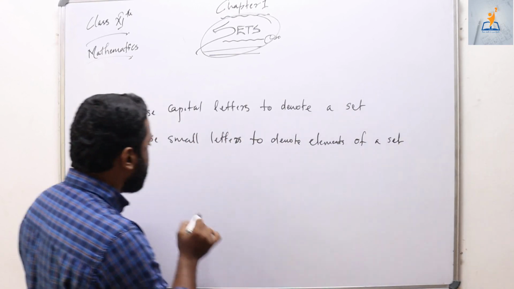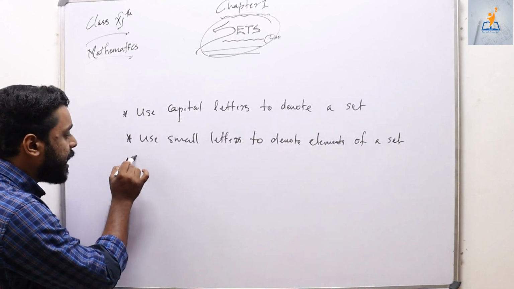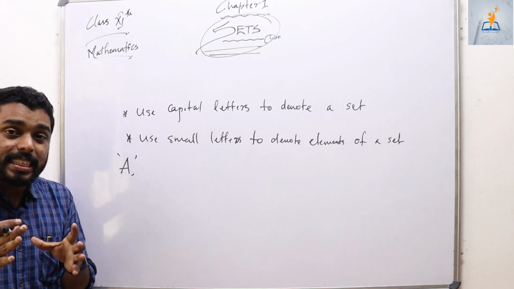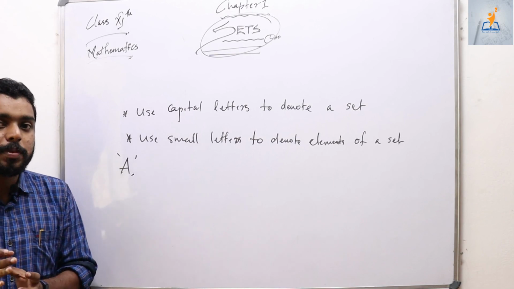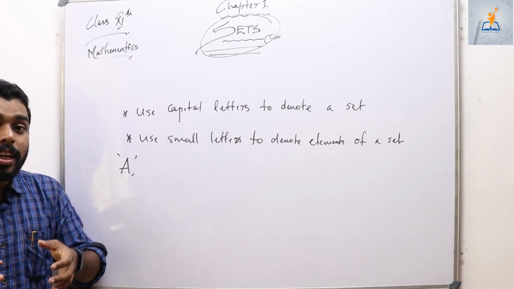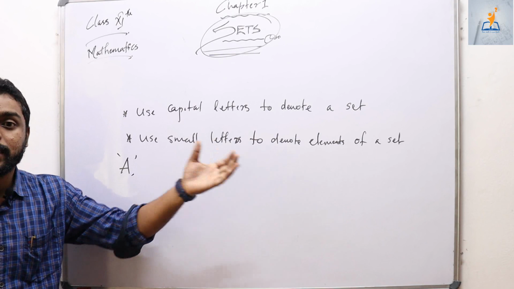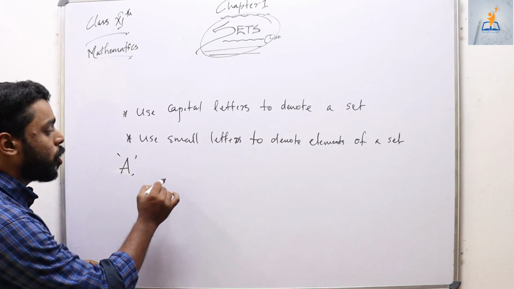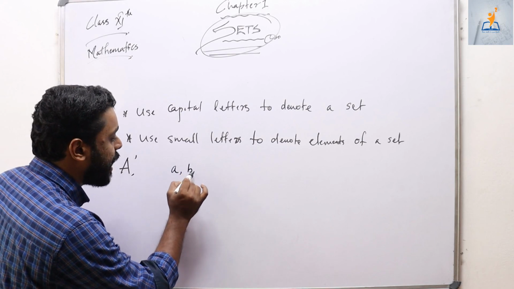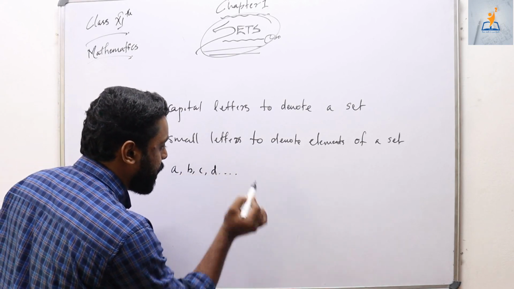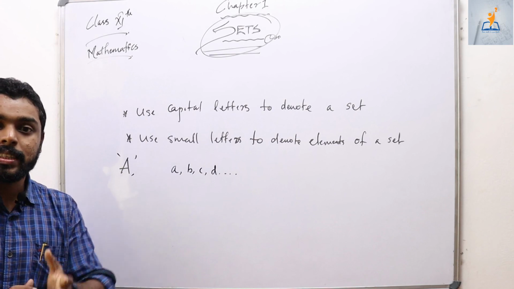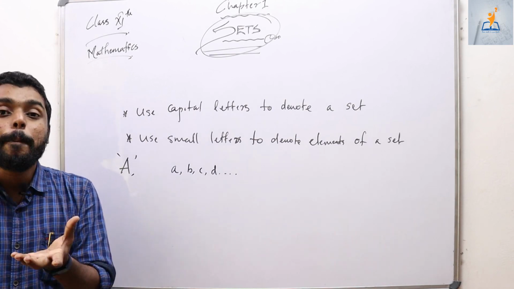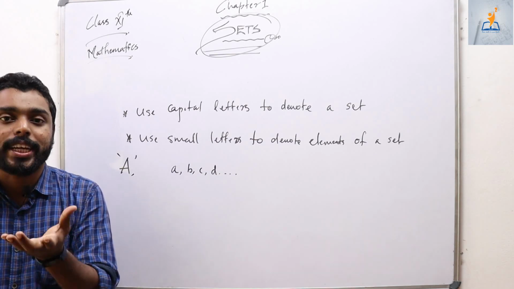That means that if capital A is denoted as a set, then we know that a set is nothing but a well defined collection of objects. Then that collection must have some elements in it, because it is a collection of objects. So those elements are denoted by small letters like a, b, c, d, etc. So small letters mean the elements in the set, whereas capital letters mean the set itself.